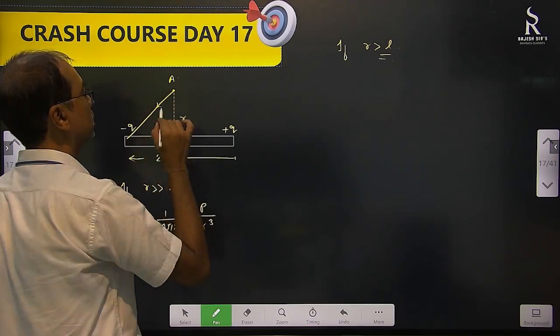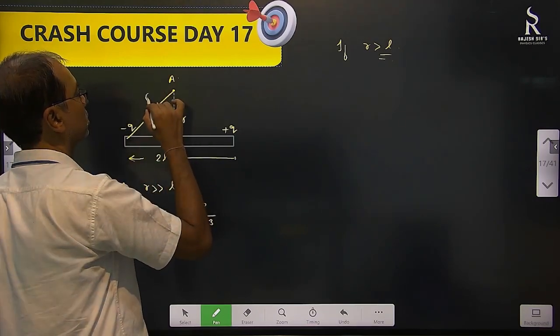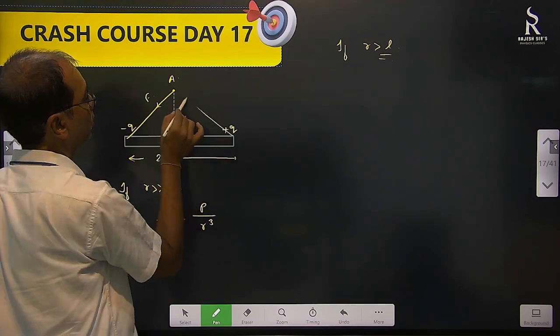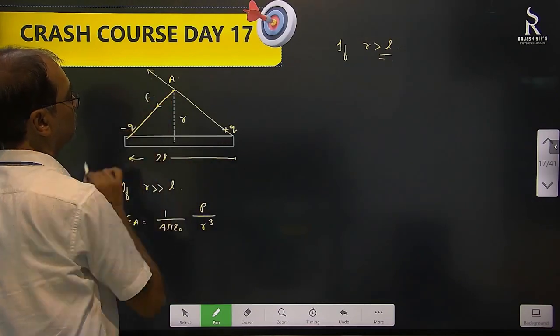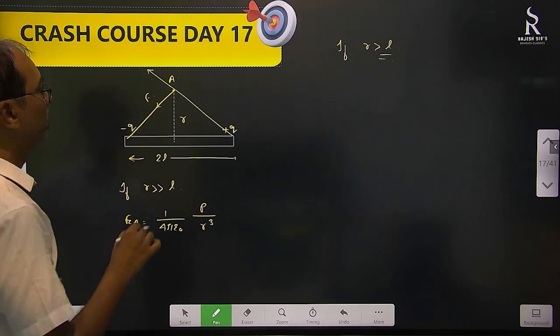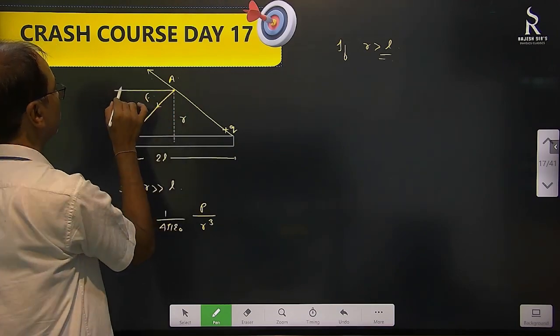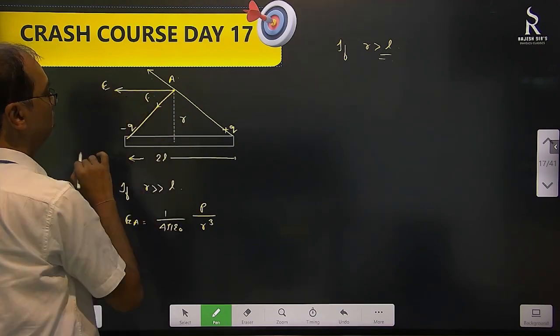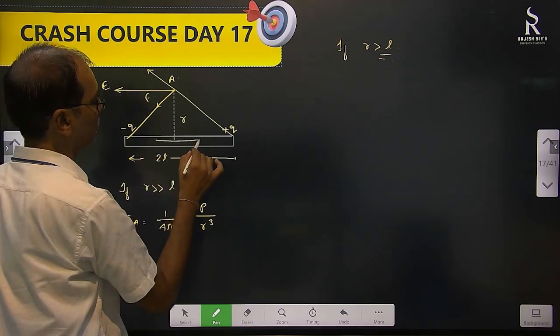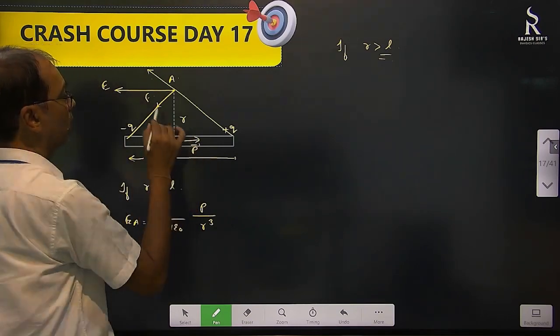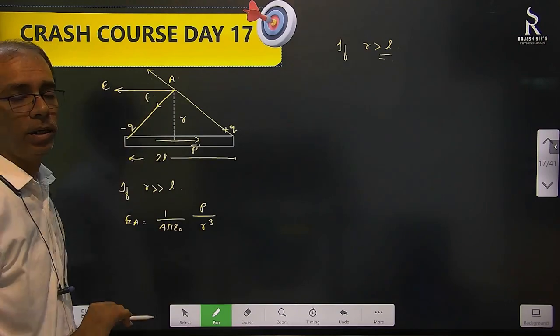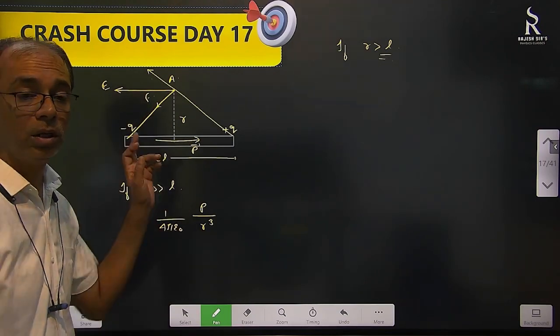So force will be like this on a positive one charge, and this one is going to repel it. What will happen to the resultant? You can see the resultant is here, and the dipole moment is like this. The dipole moment and resultant electric field will be in opposite directions on the equatorial plane. Remember that.